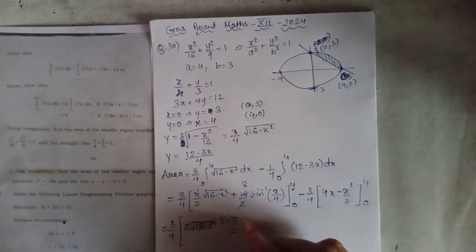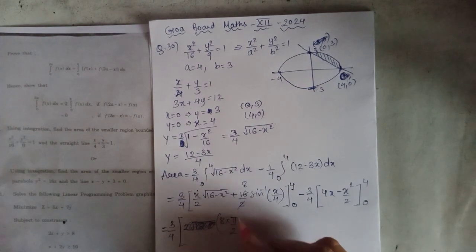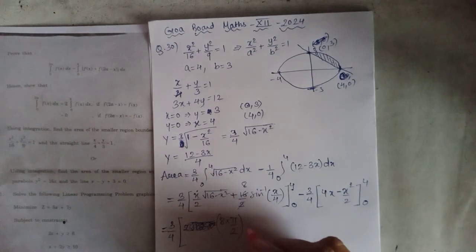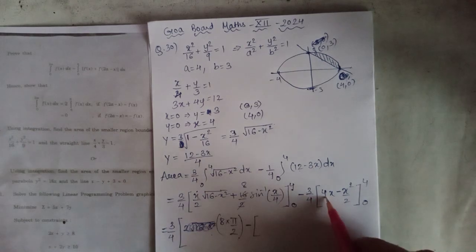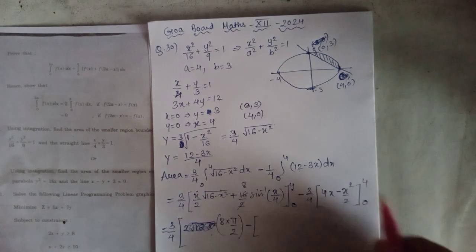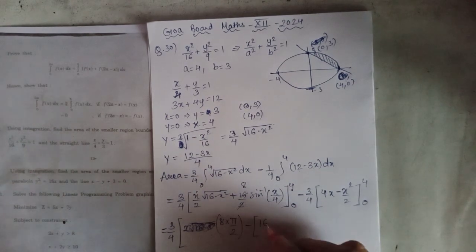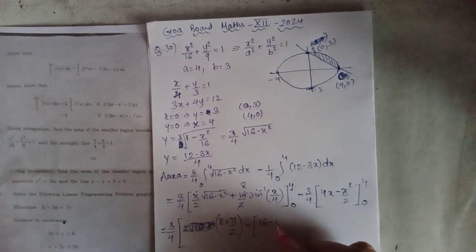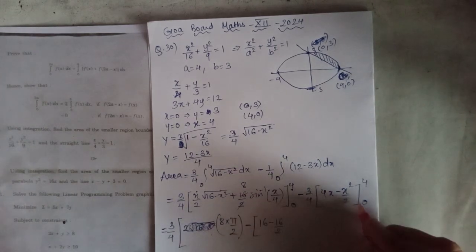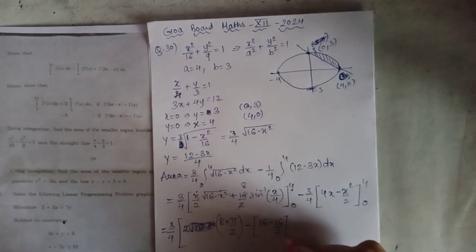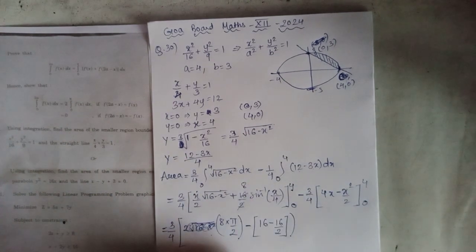So that term goes. So the only term that remains is this. Then minus 4 4s are 16, minus 16 by 2, and when you put 0, these two terms go, so the only thing that remains is this.